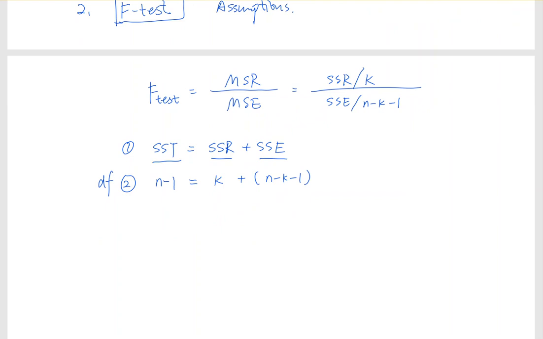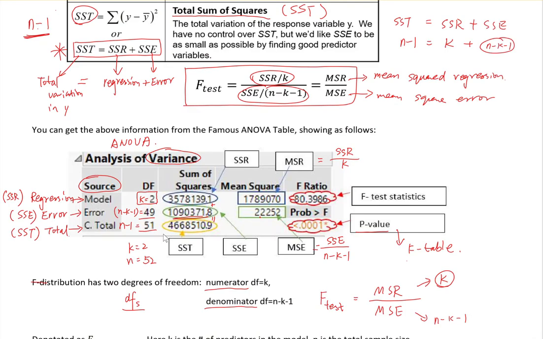Alright, so this is the relationship between these three sums of squares, right? In your in-class practice, I may make some of them blank. Maybe I have this blank, but I give you these two. That means you can calculate this degree of freedom: 51 minus 49 should equal 2. Or I can make this blank, and you use 2 plus 49, which should be 51.